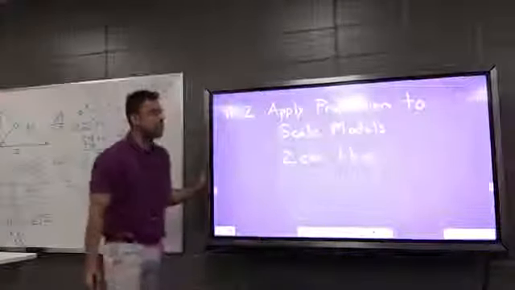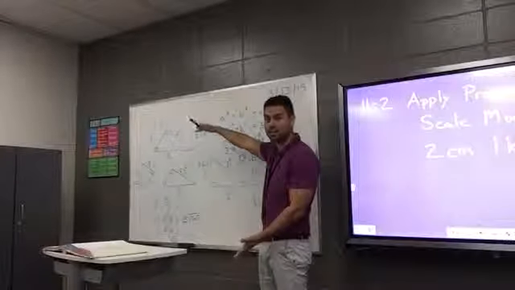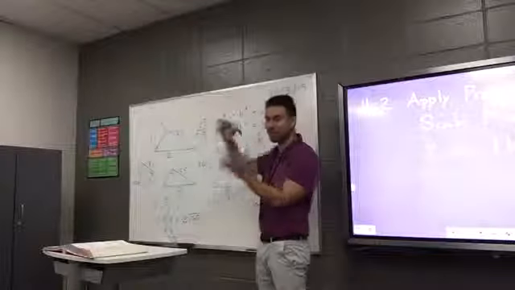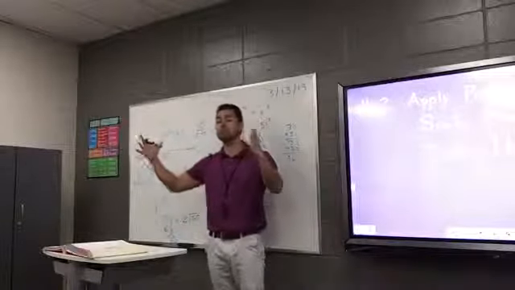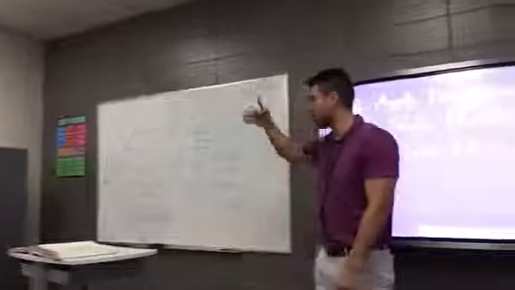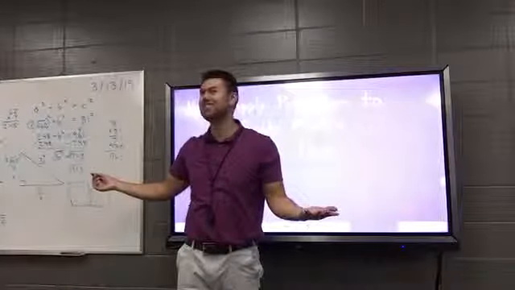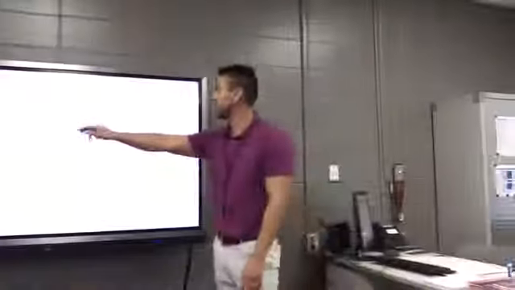The reason we do that is because instead of drawing the whole planet in real life size, which would be a blanket over the planet, why don't we shrink everything in proportion so you can see the whole world on one whiteboard or one wall? Isn't that convenient?